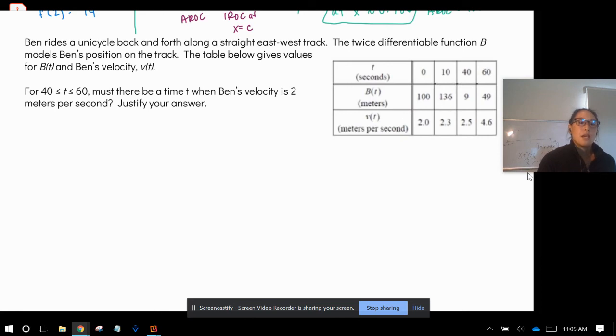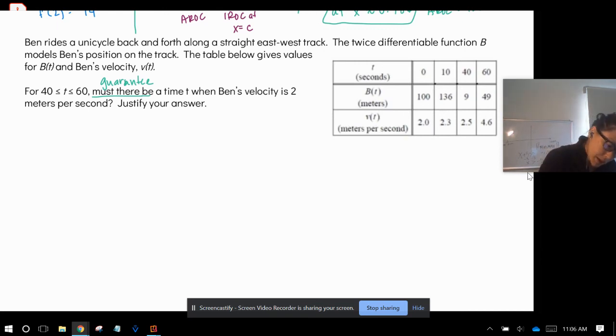For 40 less than or equal to t, which is less than or equal to 60, must there be a time when Ben's velocity is 2 meters per second? So must there be? This is like, can we guarantee that there is a velocity of 2?